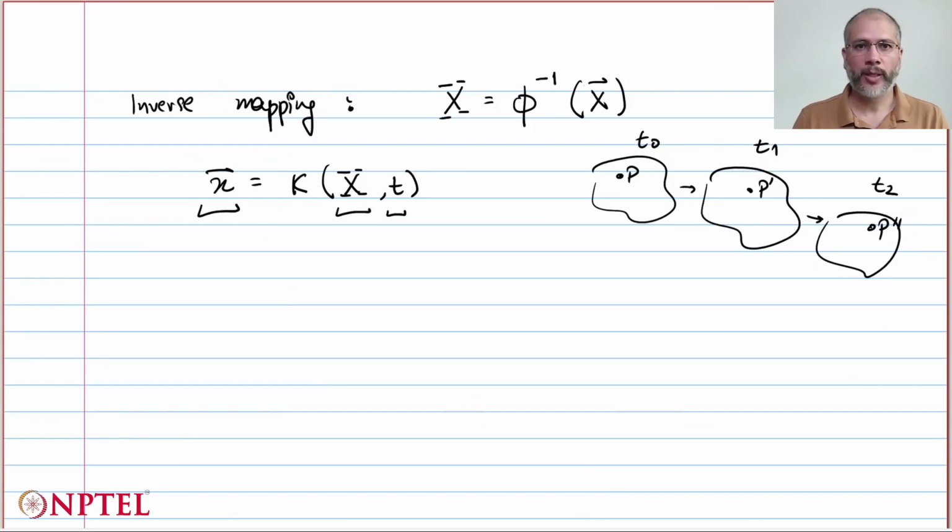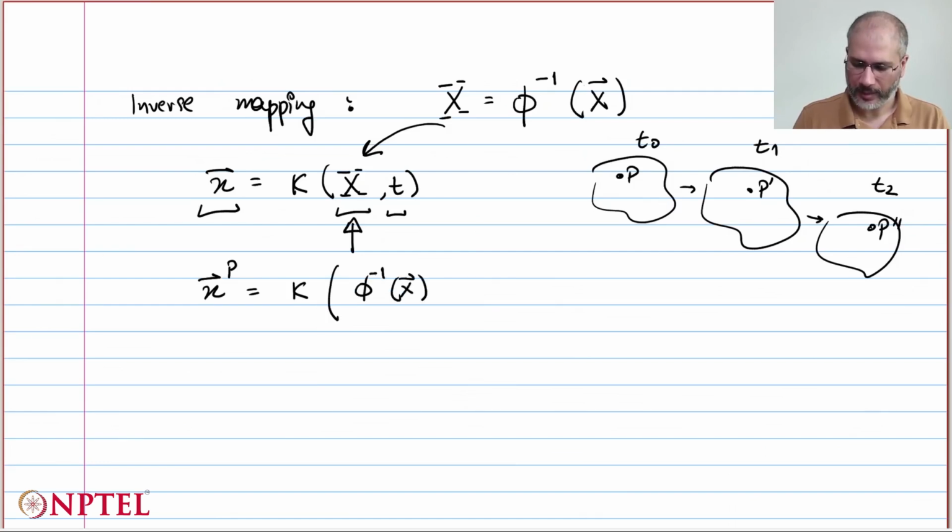Now, since we are interested to specify the labels for the particles using the material coordinates, we can substitute the inverse mapping in this kappa function. So this gives us the spatial position of a particle P, is kappa, and we replace phi inverse of X vector, capital X vector, comma t.